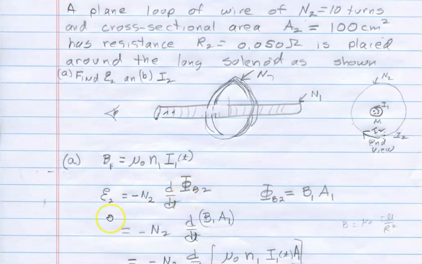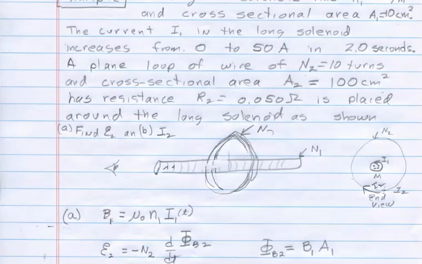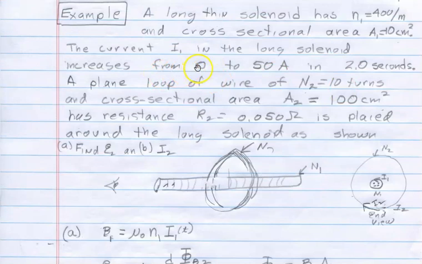Well, again, I can then plug this into here. The area A1 doesn't change any. That's the area of the thin solenoid. N2 is the number of turns, which was 10 turns. And the only thing that changes is the magnetic field inside. It changes because the current is going higher.